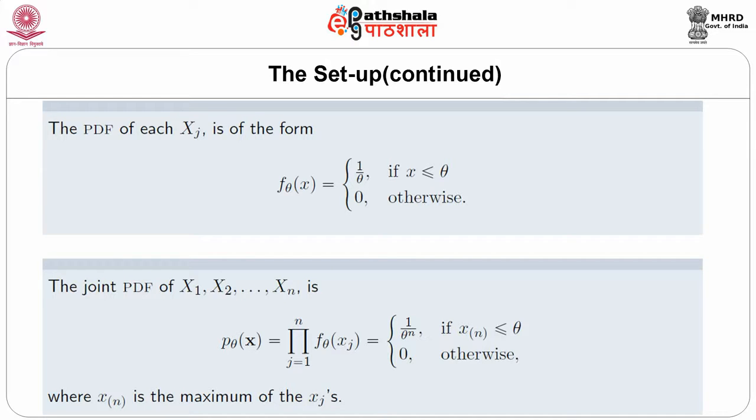Why is this so? Because X1 is less than or equal to theta, X2 is less than or equal to theta, ..., and Xn is less than or equal to theta is equivalent to the maximum of X1, X2, ..., Xn being less than or equal to theta. So this is the joint PDF of X1, X2, ..., Xn.